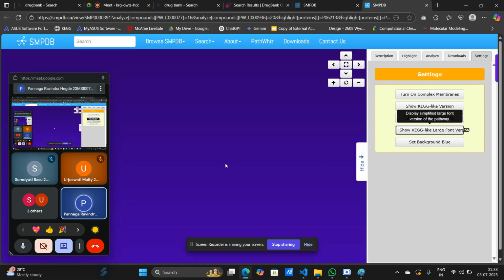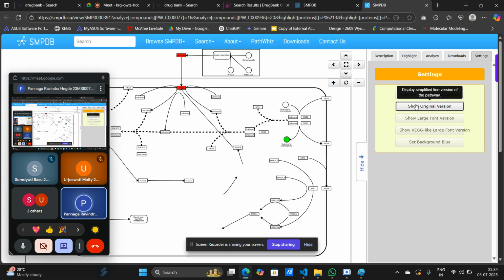If I select this show KEGG-like font version, I have got nothing. If I select this, this is the kind of representation of the flowchart. It is slightly changed. And if I select large version, maybe I think it will take time. And then you also have an option called turn on complex membranes. It did not work for me. Maybe it will take time. You guys can try that as well.